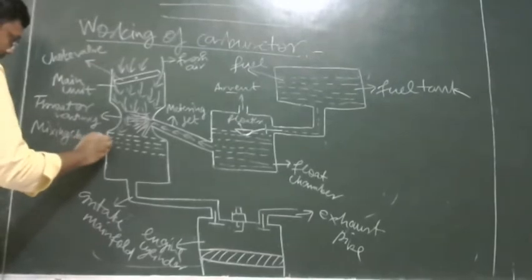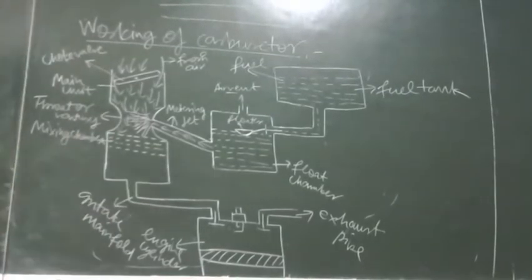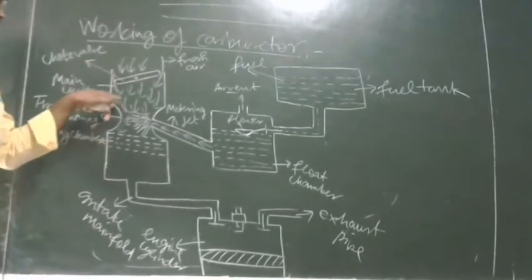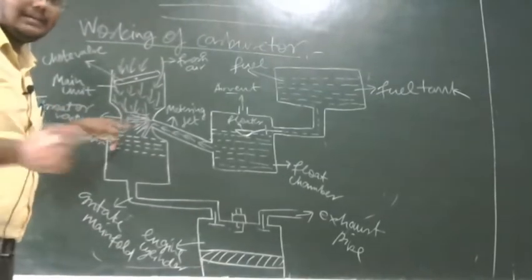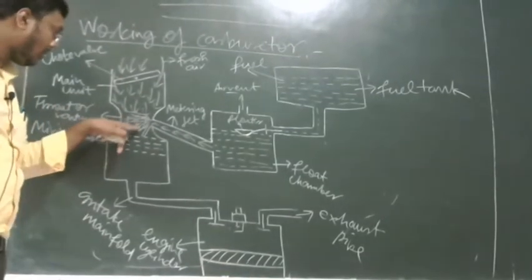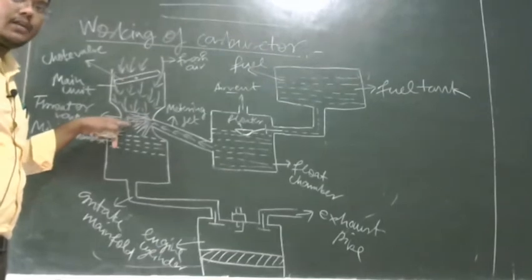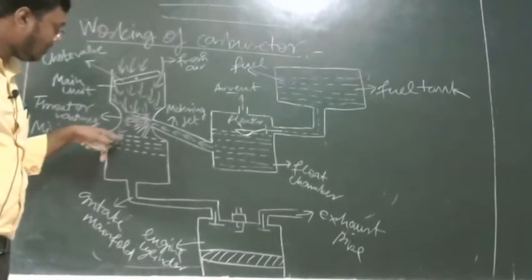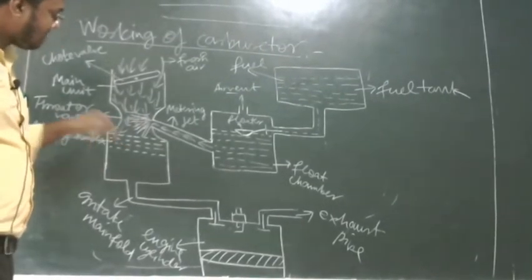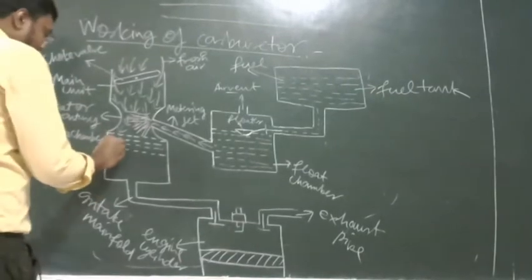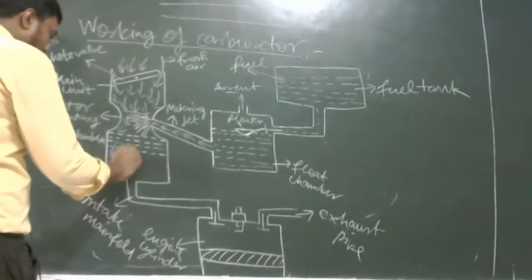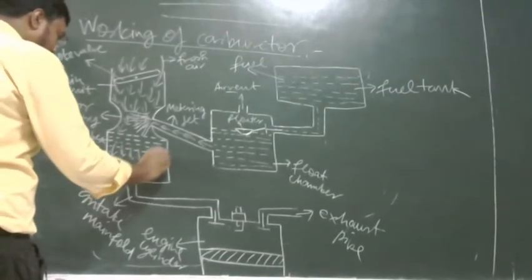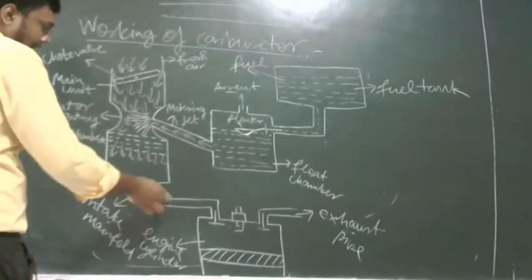In the mixing chamber, proper mixing of air and fuel will take place. After proper mixing, this mixture of air and fuel will flow to the engine cylinder through the intake manifold.